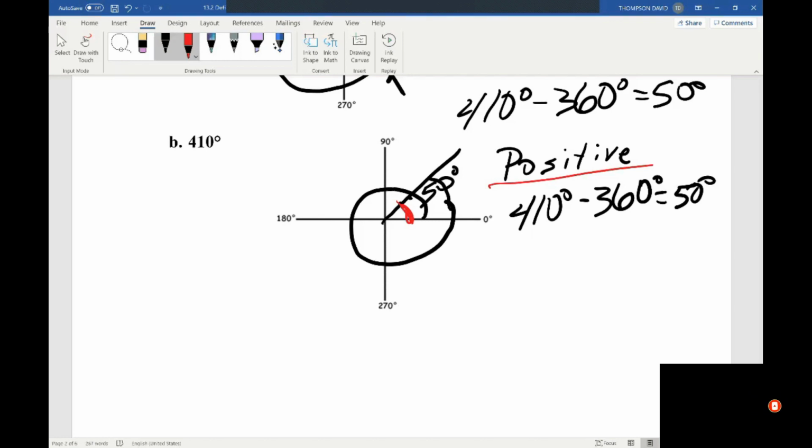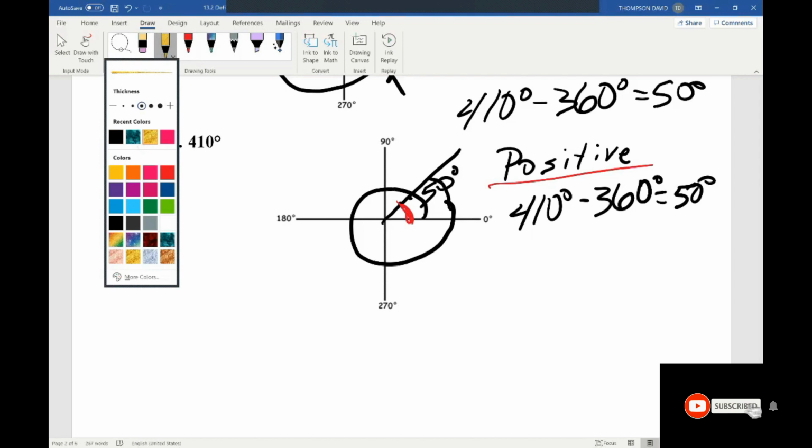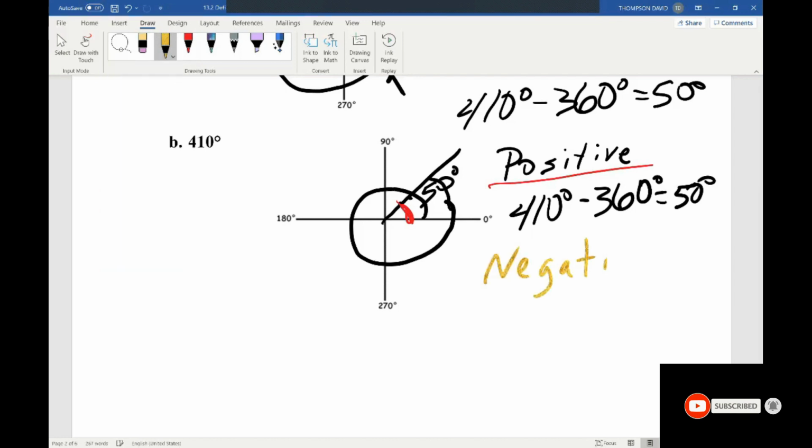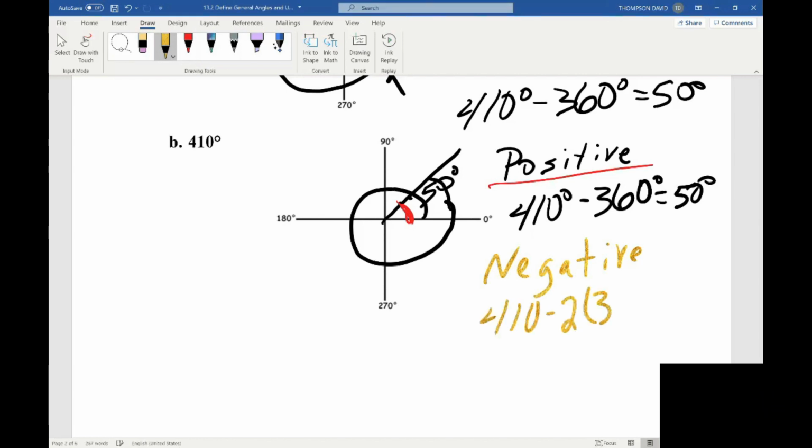And then let's do our next one. We'll just change color. To do our negative, we want to do 410 minus 2 times 360.